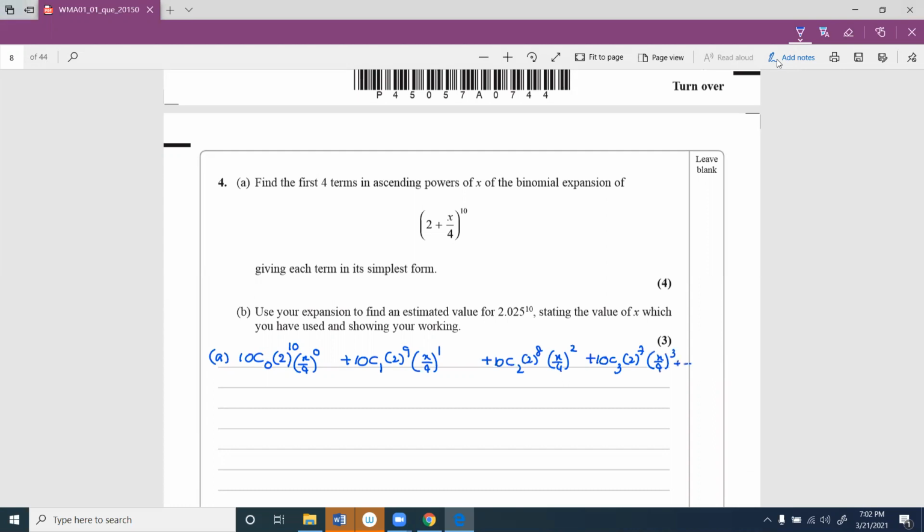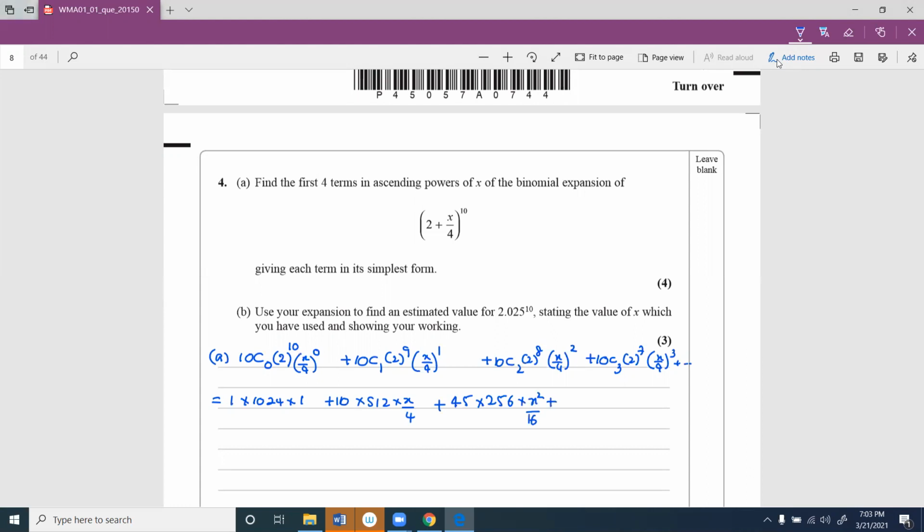It's continuous, but no need of writing further. So 10C0 is 1, 2 to the power 10 is 1024, any term to the power 0 is 1. 10C1 is 10. This is 10 times 512 times x over 4. 10C2 is 45 into 2 to the power 8, which is 256, times x squared over 16.